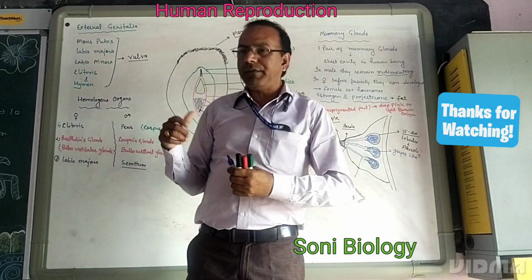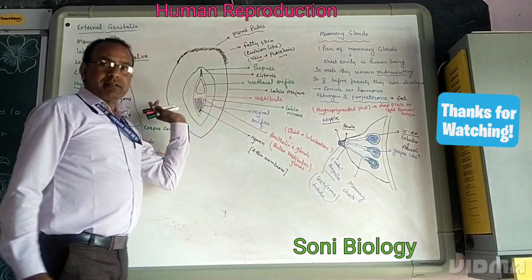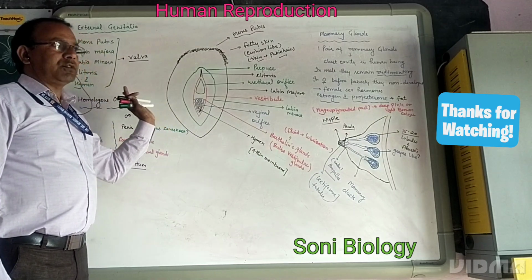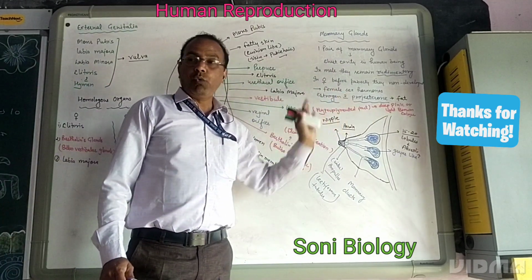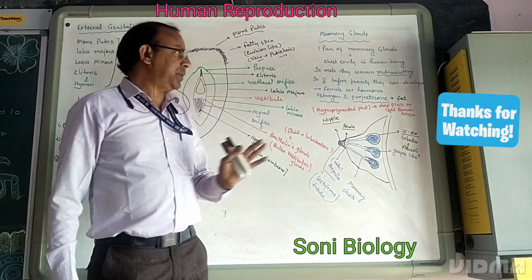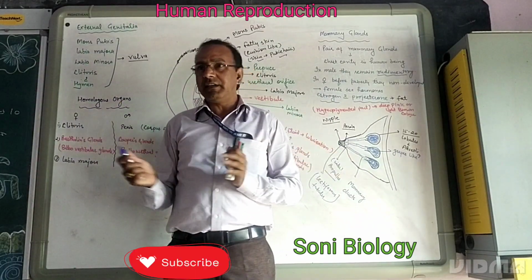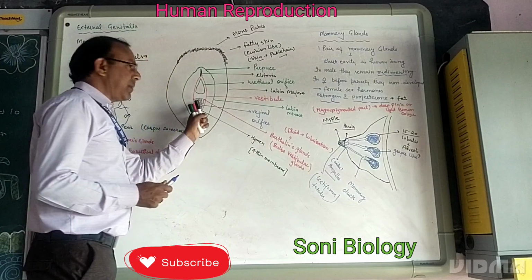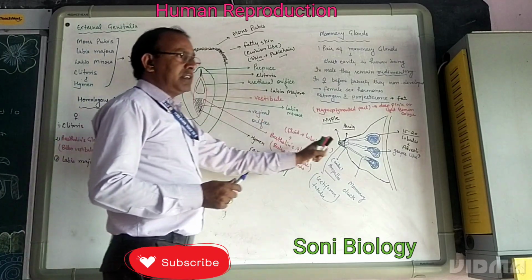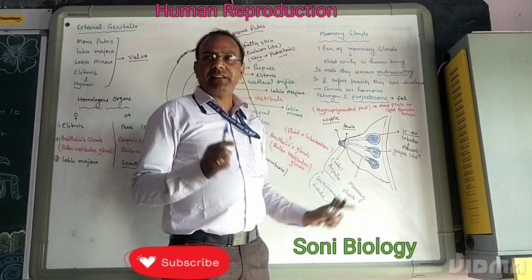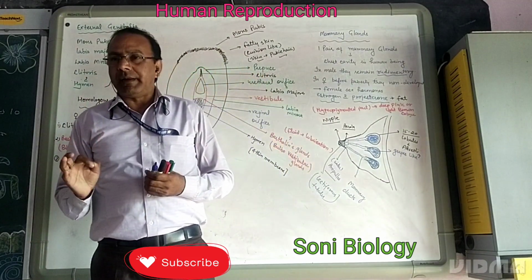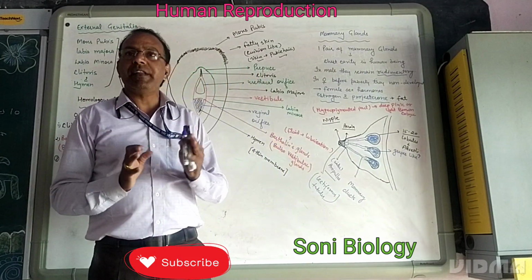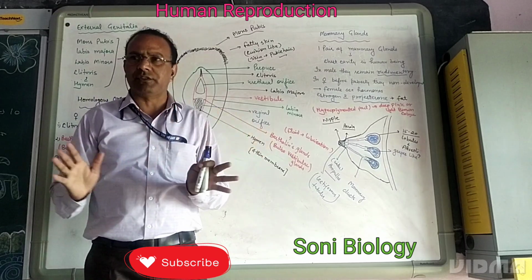Again, listen. In this part we have studied the external genitalia, the vulva in female, as well as the mammary glands. One is the external genitalia with the Bartholin gland, and the other is the mammary glands. Mammary glands are one pair, present in male and female, but in males they remain rudimentary, non-functional.